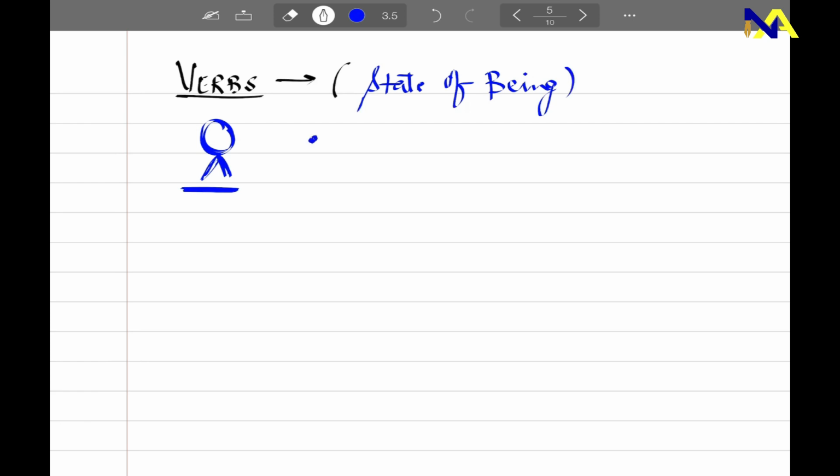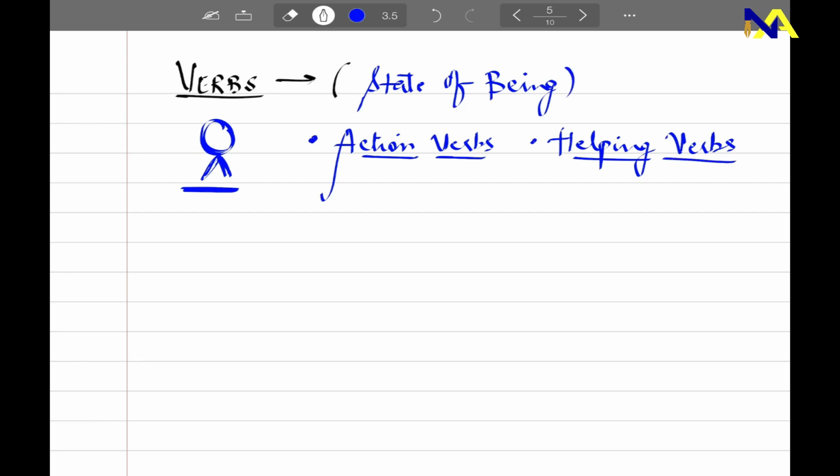To start with, we talk about action verbs and we talk about helping verbs. I guess you already know this much part.